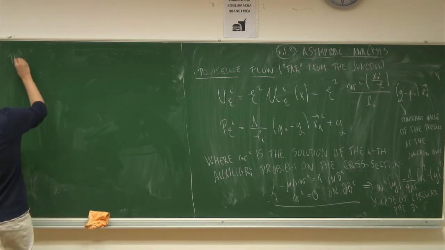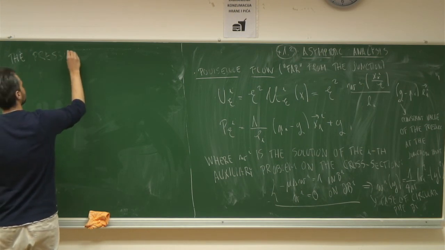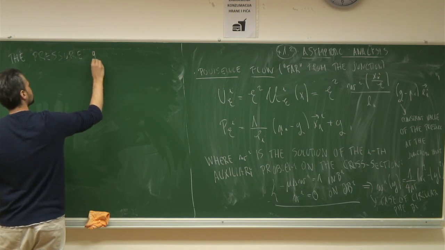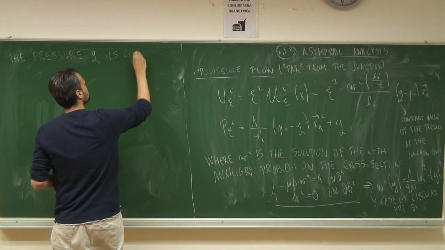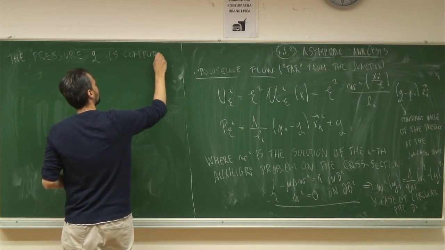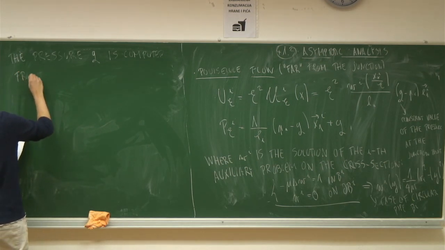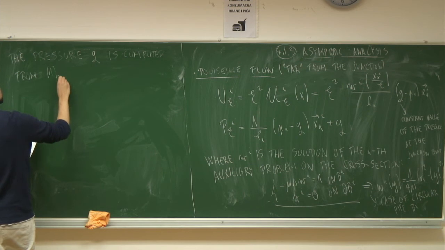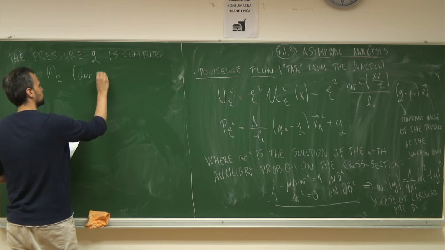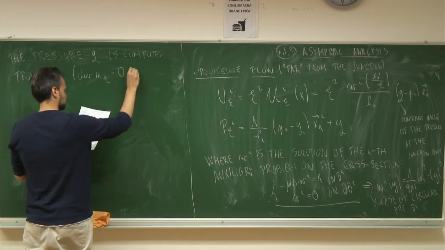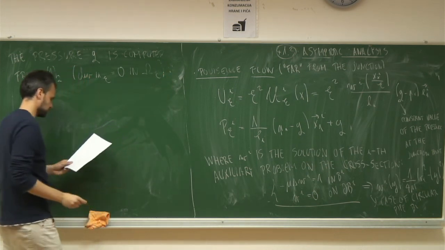So the pressure q is computed from 1, 2, which is divergence u^ε is equal to 0 in Ω^ε.